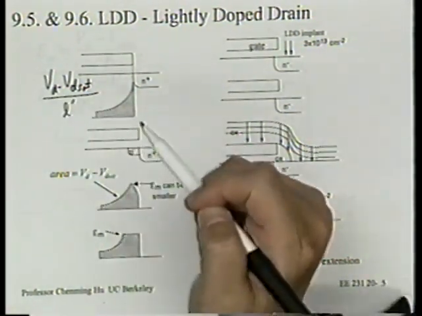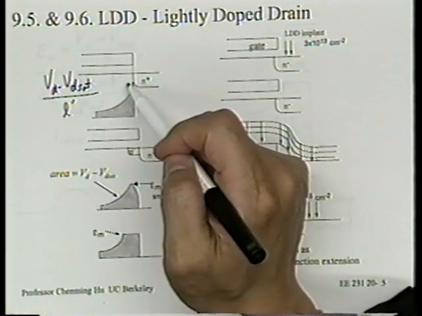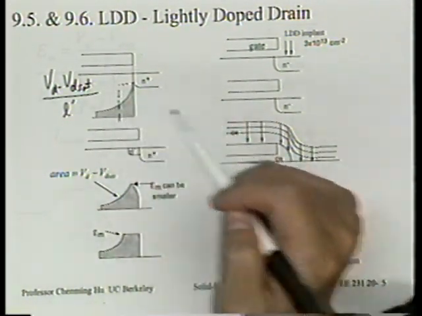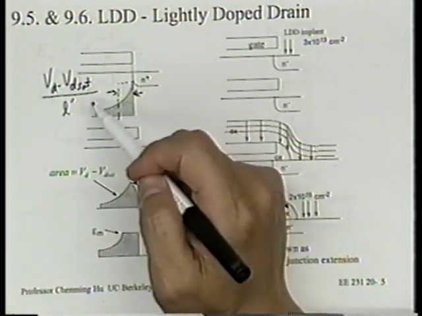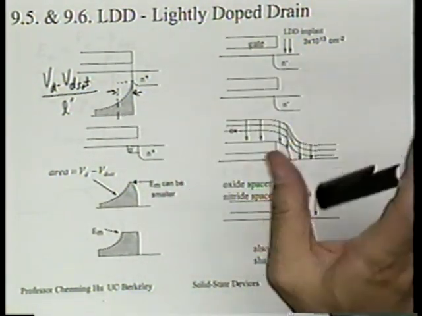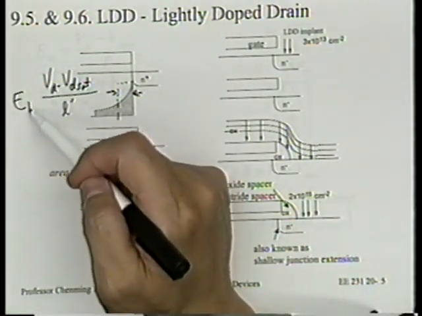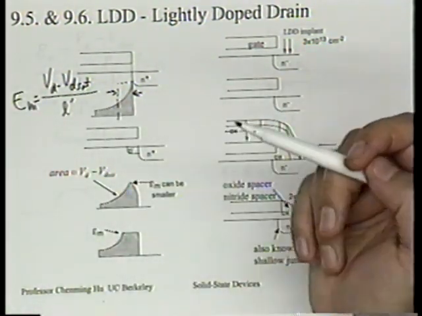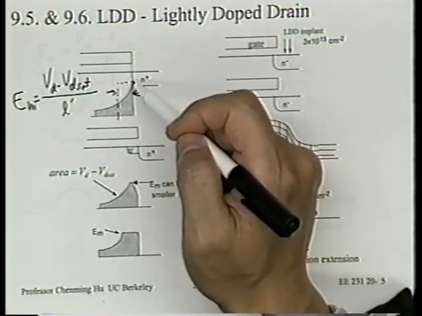And we can even give this L prime a sort of graphical interpretation. L prime is the average thickness of this high field region, right? So this is the L prime. Mathematically, we know L prime is the characteristic length of this hyperbolic function. But one way to understand why EM is this, which is the same correct interpretation by the way, is that you can draw a rectangle. Height is equal to EM.